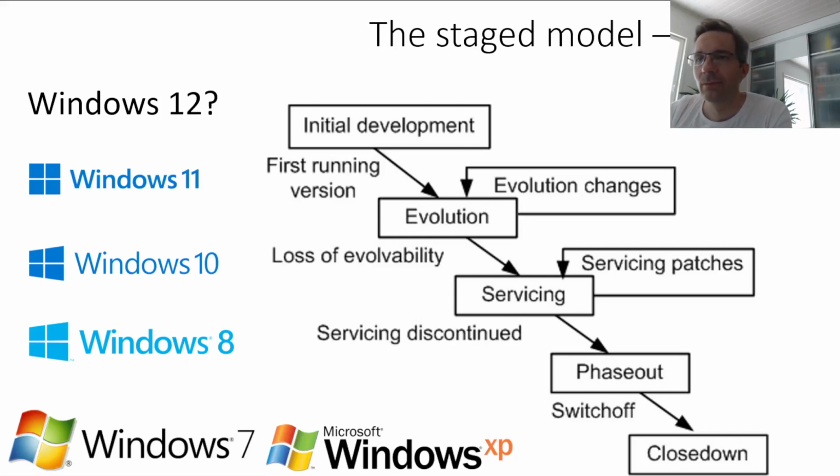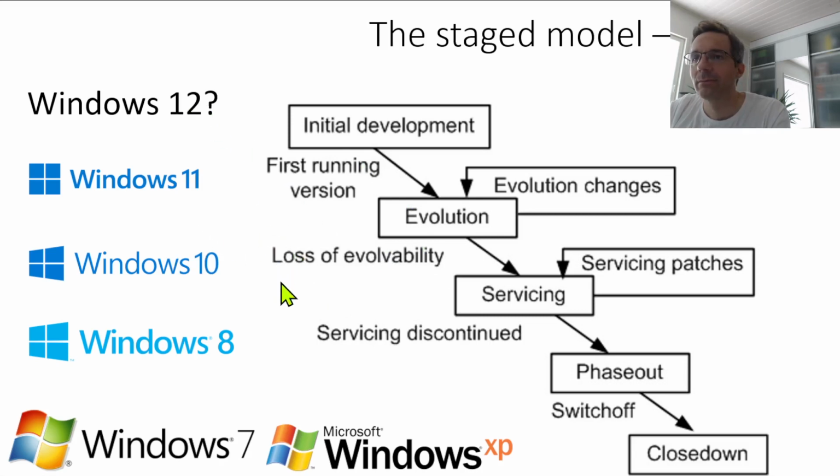And although this model claims that loss of evolvability is the reason why versions are moved to the servicing phase, from the Microsoft Windows viewpoint, it is more likely that these are business decisions. So they move the old version away and then they implement the new features in the upcoming versions.